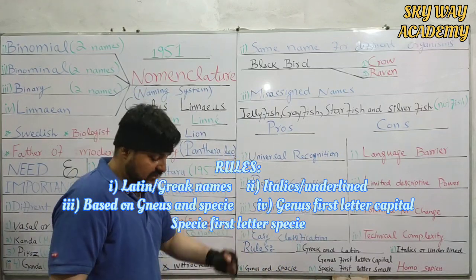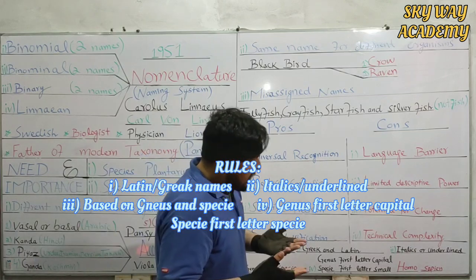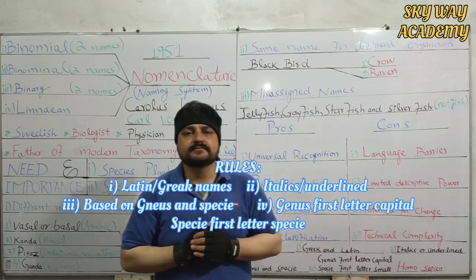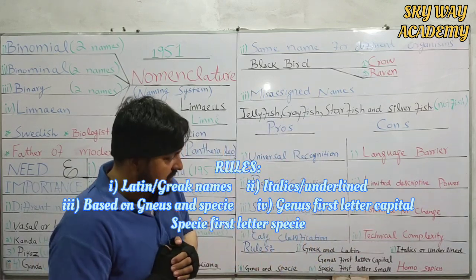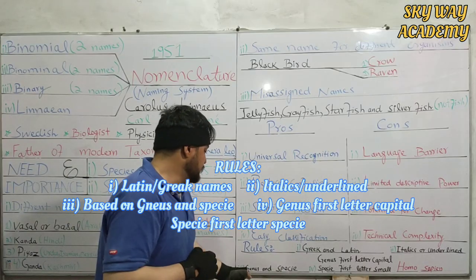This means that if you are typing or printing an organism's name, it should be in italics, as you can see in this picture. If you are writing it by hand, then it should be underlined separately: the genus name separately, and the species or epithet name separately.